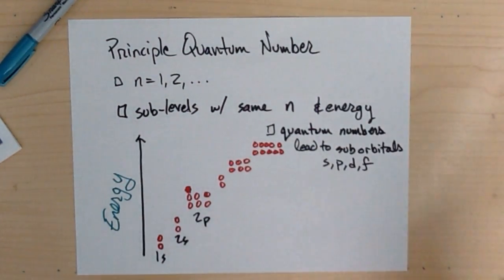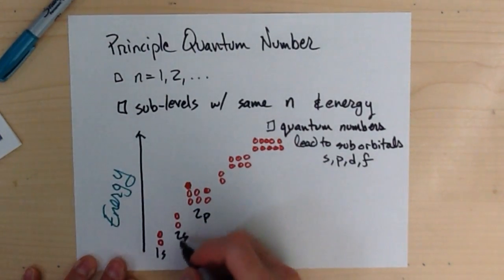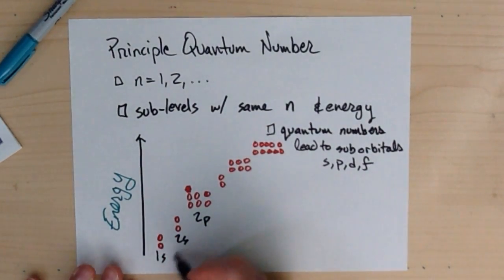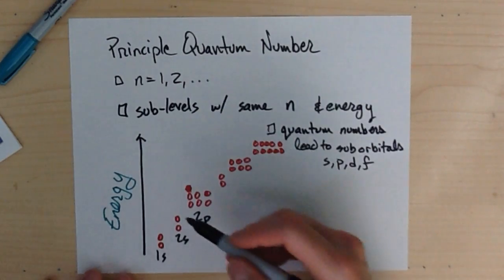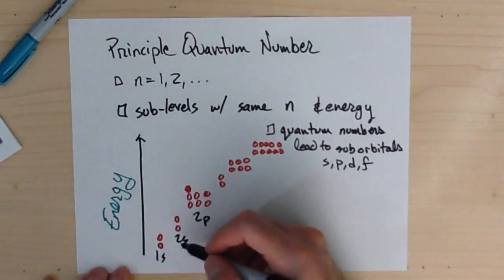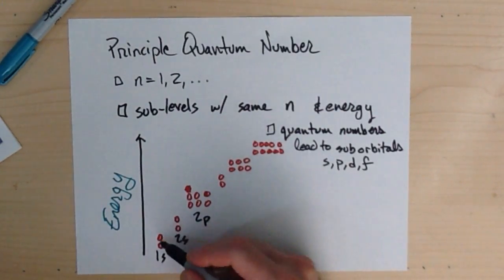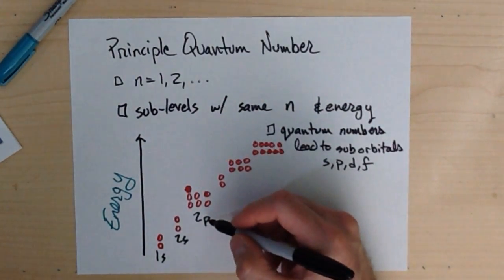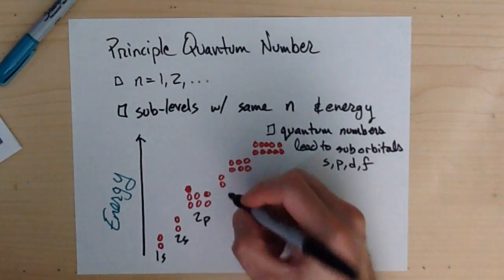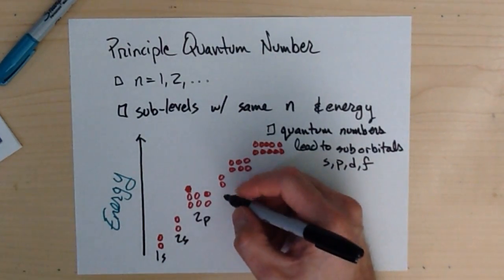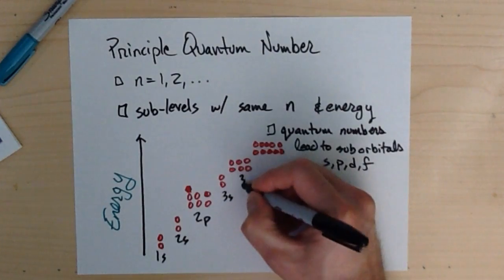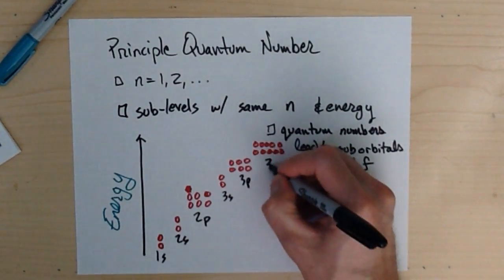All right. Now what I want you to notice is that s orbitals have just one orbital, where each orbital has 2 electron states in it, right? And then each p orbital has 3. And this is 3s, 3p, and this is 3d.